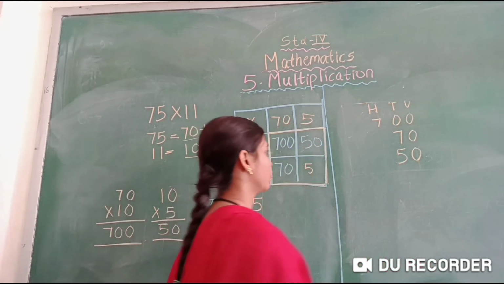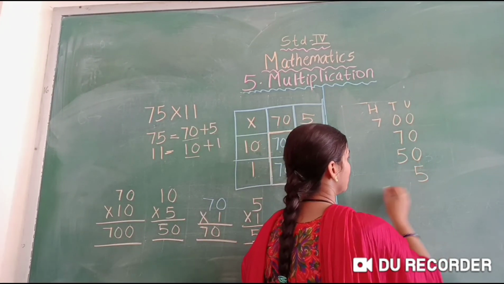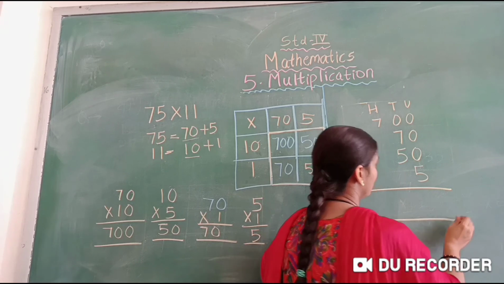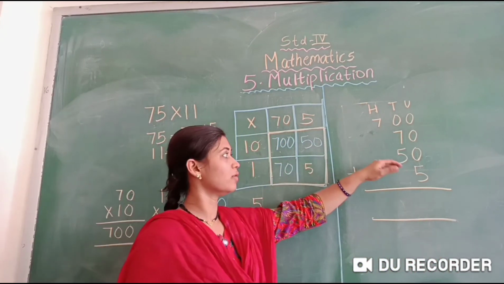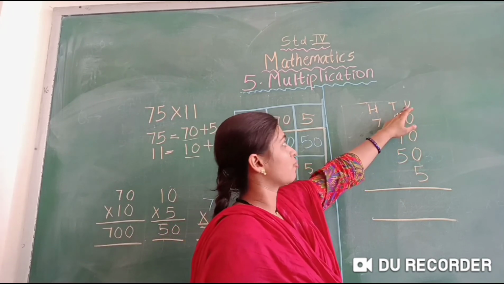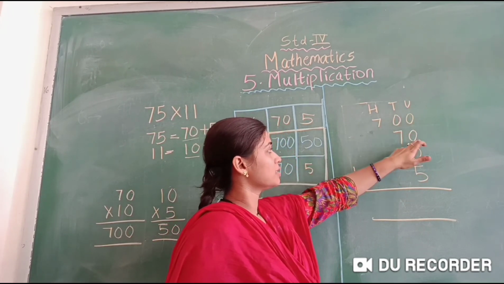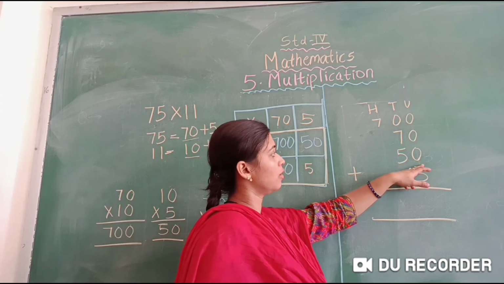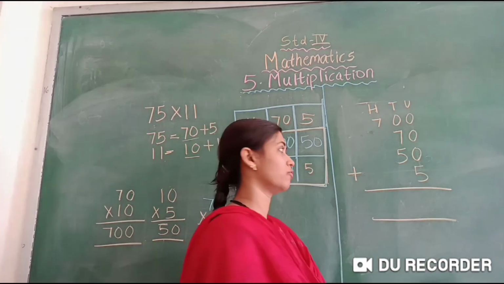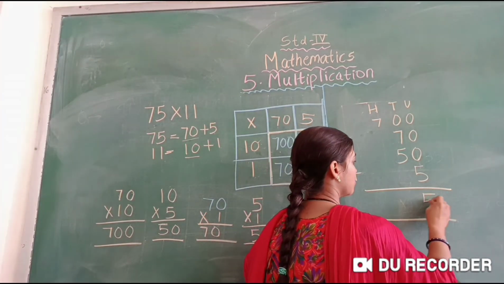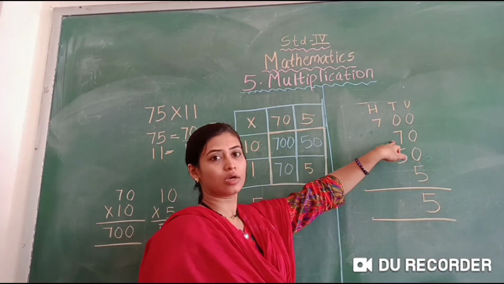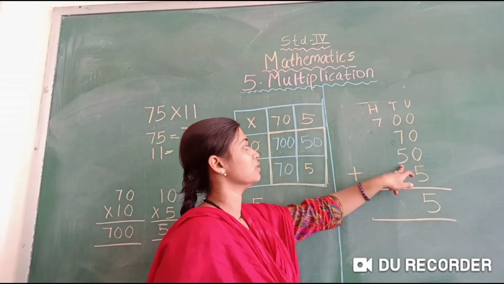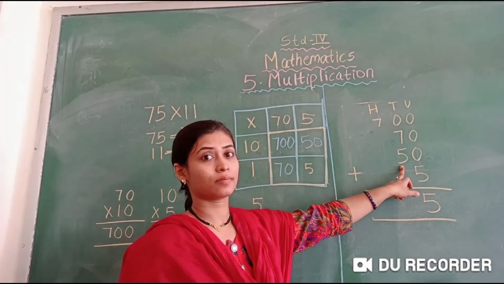And next is 5. Now all these 4 numbers we have to add together. See, from the units place, 0 plus 0 plus 0 is 0 and 0 plus 5 is how much? 5.